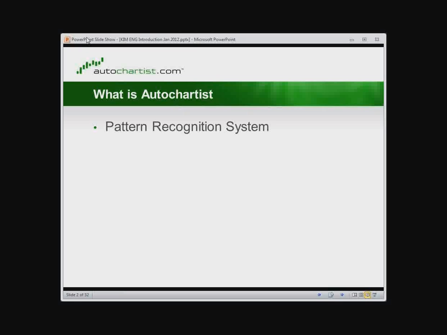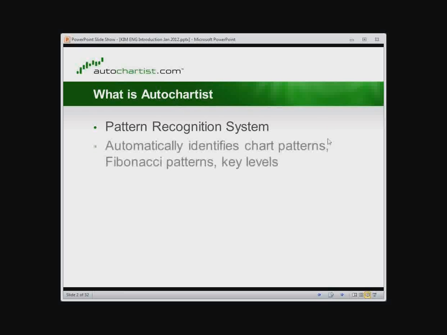So that is really the premise of Autochartist. We're looking for patterns, and out of these patterns really are the trade opportunities that we're looking for. So far, we are identifying chart patterns, Fibonacci patterns, and key levels.